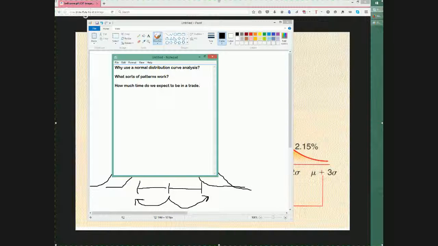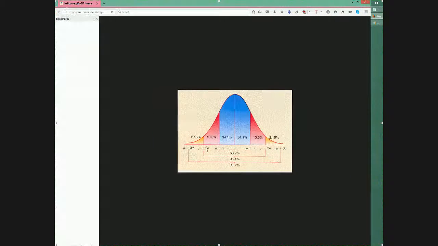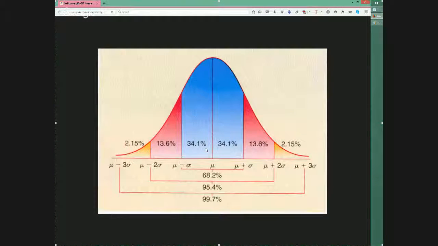Okay. Another component that's very important is to understand what is the middle point. Where are we seeing the middle of this normal distribution curve?